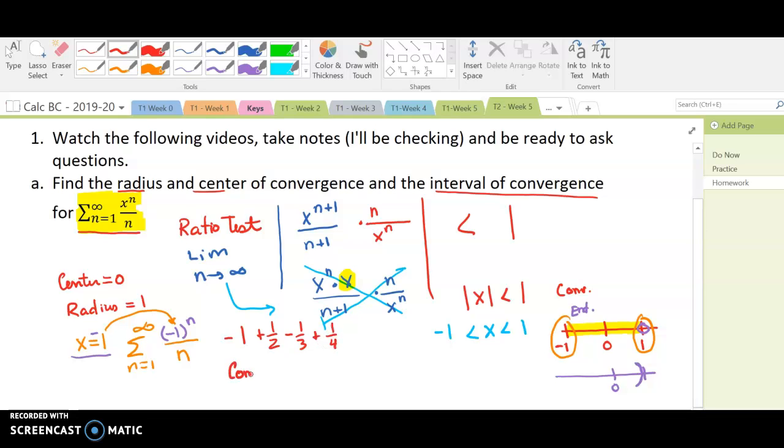Well, this is going to converge because it's an alternating series, and so that means that at x equals negative 1, I have a closed circle or a bracket.